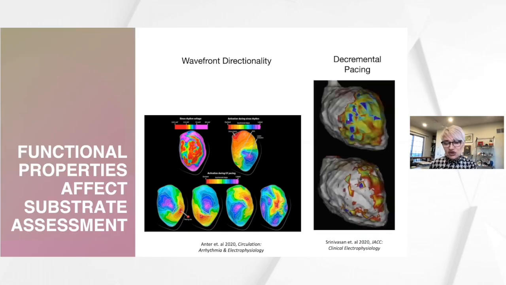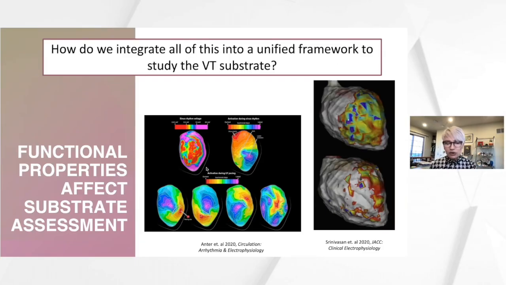Furthermore, the study of Srinivasan and colleagues in 2020 demonstrated that an extra stimulus given some time after the initial pacing stimulus unmasks, with higher accuracy, the critical locations of the VT circuit. It's much better than just sinus rhythm evaluation.